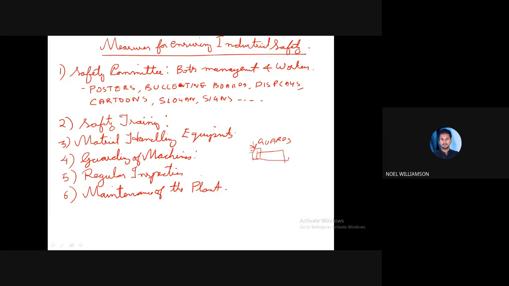So we have to see whether there is any obstructions or any hindrance in the path while we are transporting some materials from one place to another. In the case of material handling and all, if there is any hindrance or any obstruction in the passage, then it should be removed.